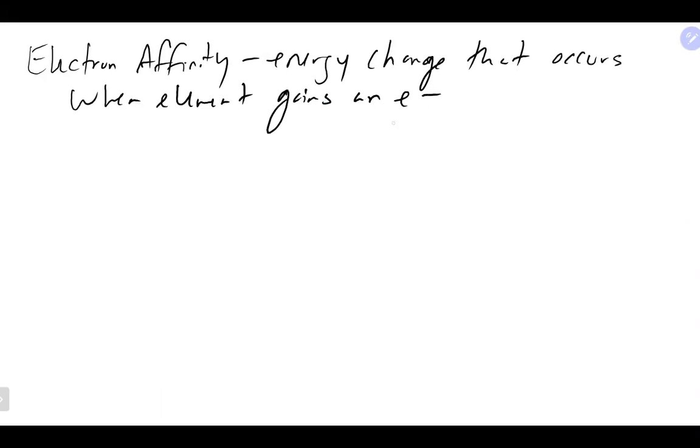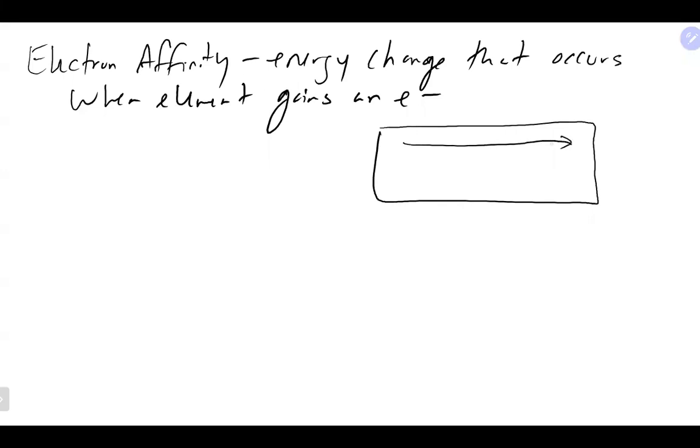On the periodic table, it basically increases as you go to the right in general and decreases as you go down. It's not a perfect trend, but that is the general trend. If you have an affinity for something, it means you like it, right? So electron affinity basically would be somebody that likes to gain electrons. As you go up to the right, that is what occurs, and as you go down to the left, it has a low electron affinity. That is basically what happens when we make an anion. Somebody becomes negatively charged, right?